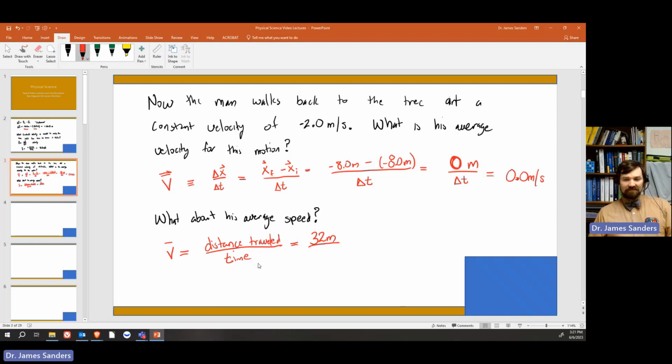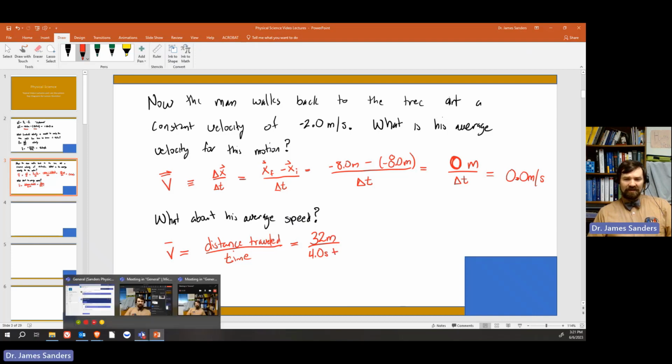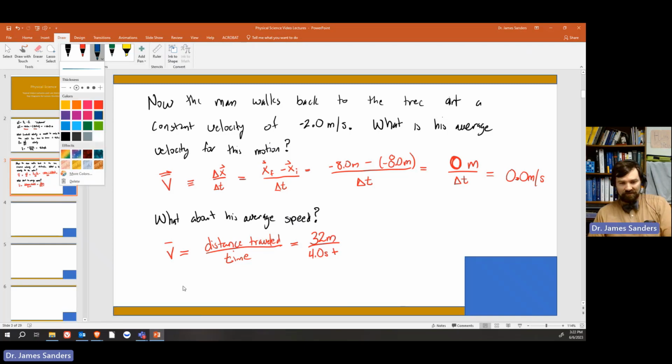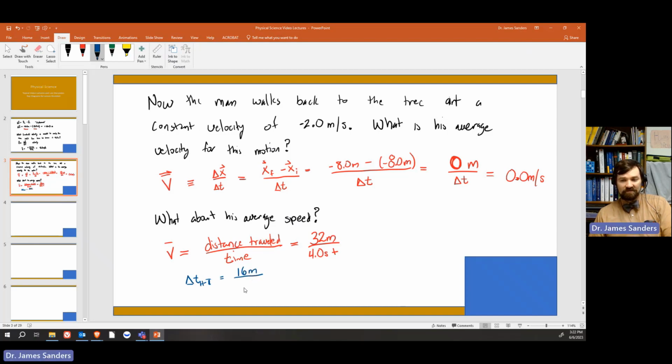Now, what's the time that's going to be required? Well, we have 4 seconds to get from tree to house. And to get from house back to tree, it's a similar calculation to what we did on the previous problem. So delta t from house back to tree is this distance, which we again know is 16 meters, divided by the speed, which was 2.0 meters per second.